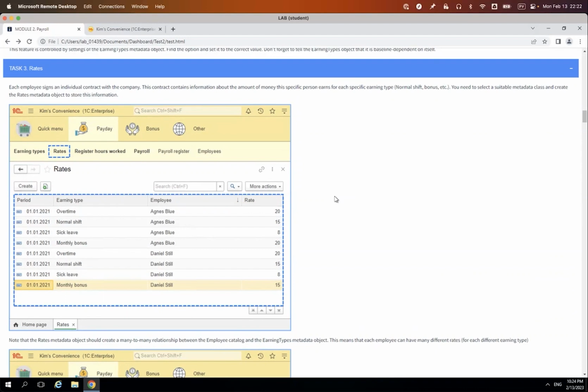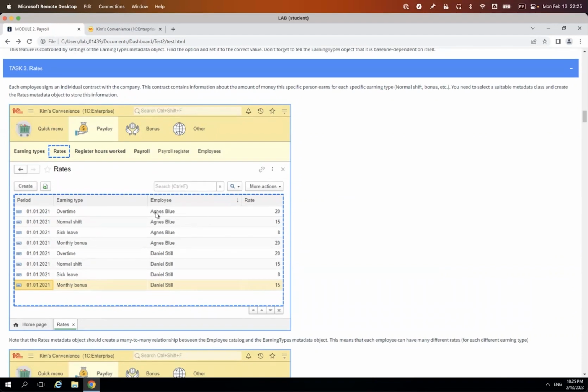So we pay different people different rates, and for good reason. Some of them are better than others, some employees, I mean, because they work longer and they know more and they are more experienced, or we want to keep them with the company, so we want to pay them more than other people. So rates is how much we pay each person for each earning type.